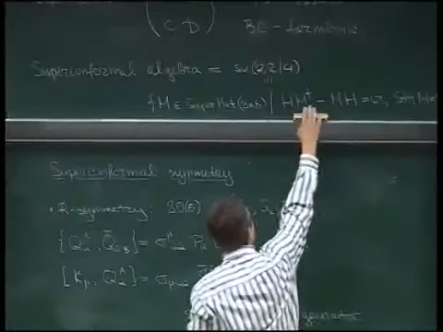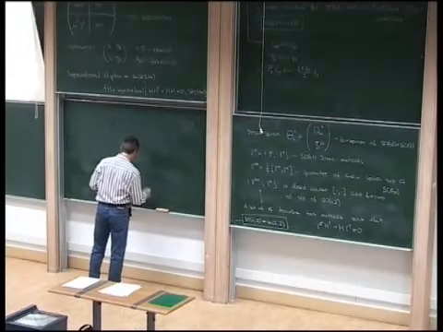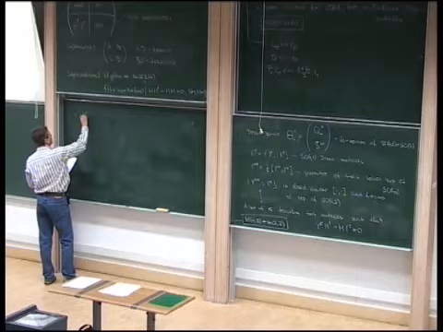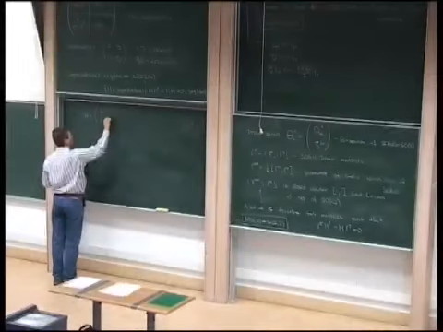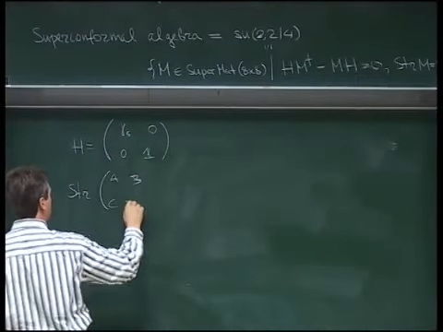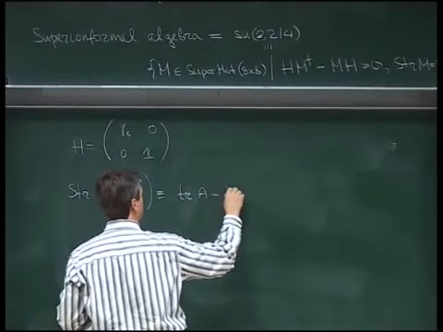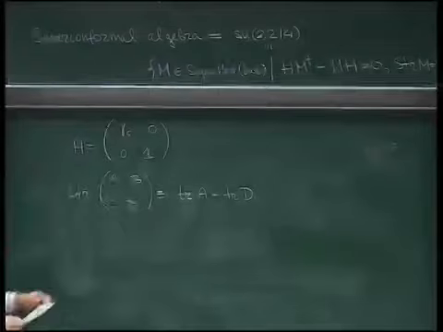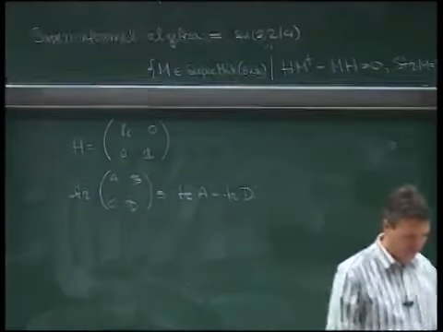Where H is (gamma 5, 0, 0, 1), and supertrace of (A, B, C, D) is by definition trace of A minus trace of D. It can be shown that supertrace is the right invariant that should be used for supermatrices.